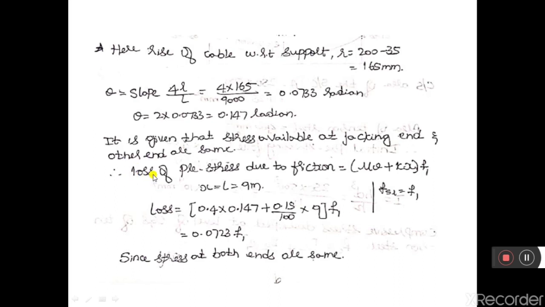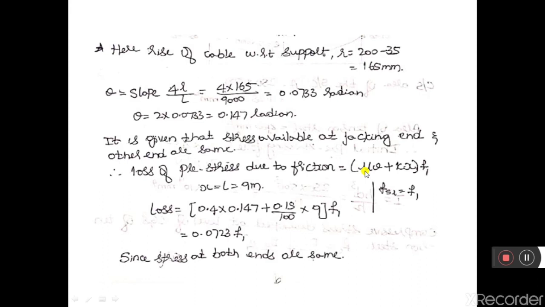Therefore the loss of pre-stress due to friction is equal to mu theta plus k into x into F1. Here F1 is nothing but FSI, the initial pre-stress. He has given in the question that after the loss due to friction, the final stress at both ends of the cable will be 1000 Newton per mm square.